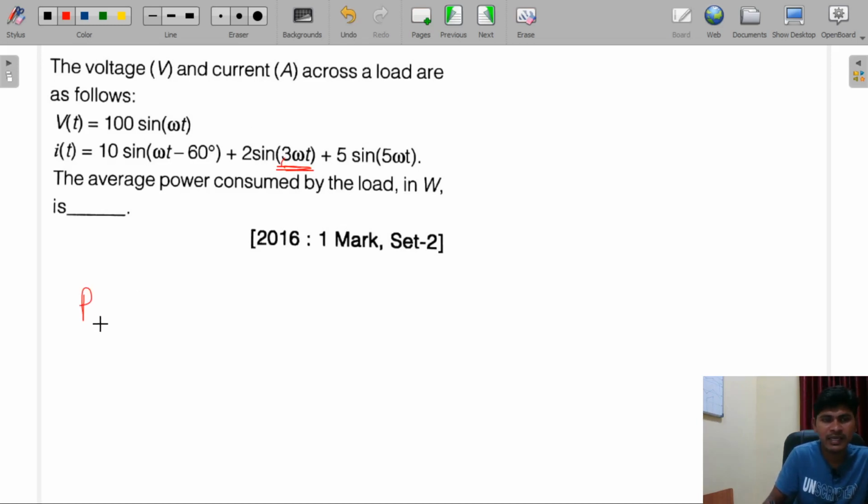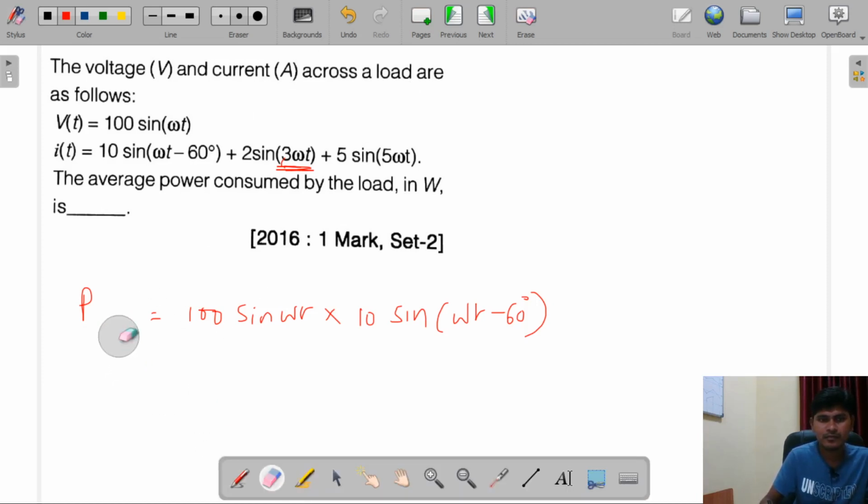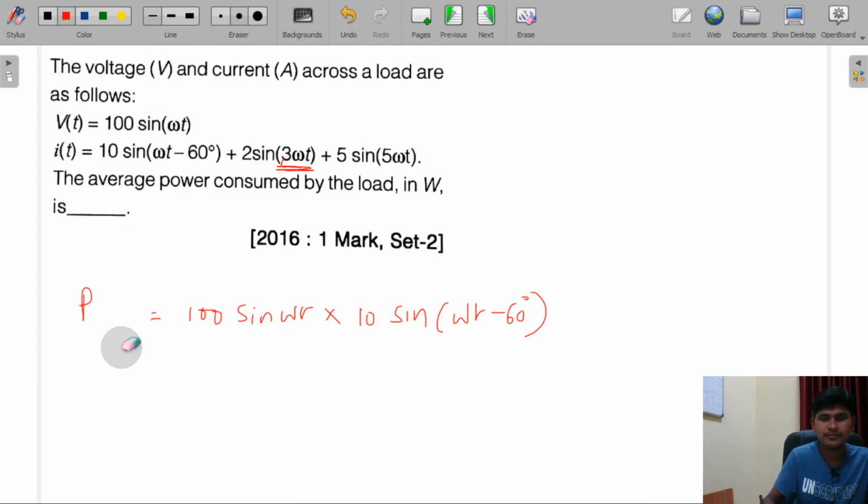Average power is the average of 100 sine omega t into 10 sine of (omega t minus 60 degrees), that is 1 by 2 pi integration from 0 to 2 pi.